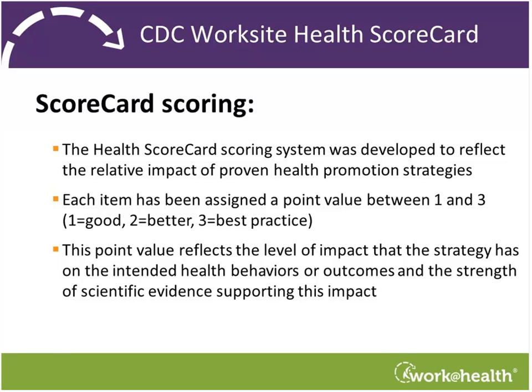In contrast, if your organization subsidizes healthier food choices or provides discounts for those healthier food items, that intervention has more impact, and the evidence shows that that intervention would have more impact on improving the health and changing health behaviors. An item like that would be given 3 points because it has a higher impact.